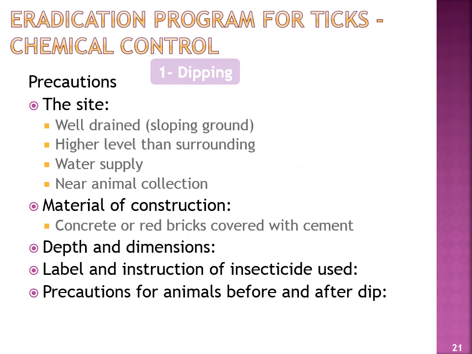First of all, when we want to speak about dipping, there are several precautions when we want to use it, including the site of dipping, the material to construct the dip, and the dimension and depth of the dip, which mainly depend on the type of animal and the size of the herd.